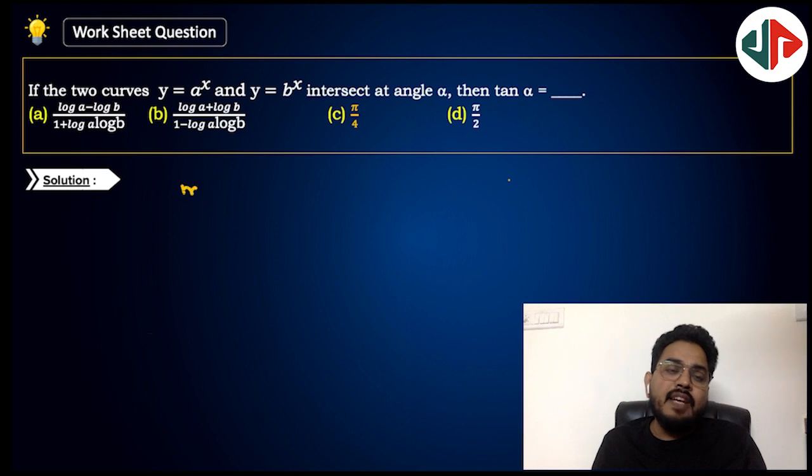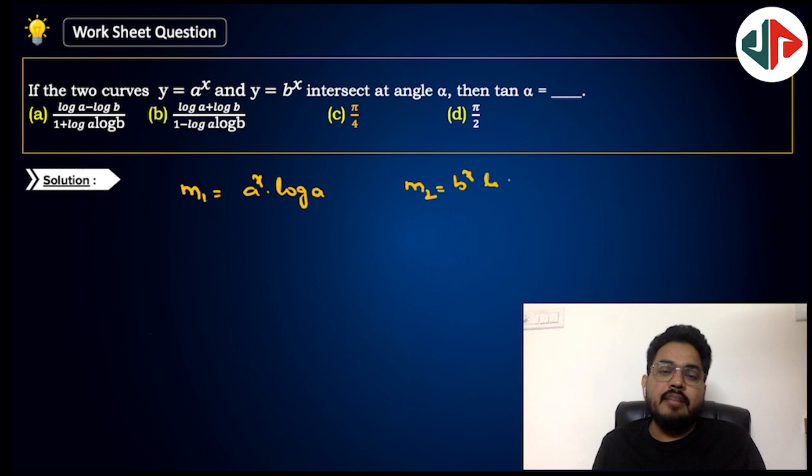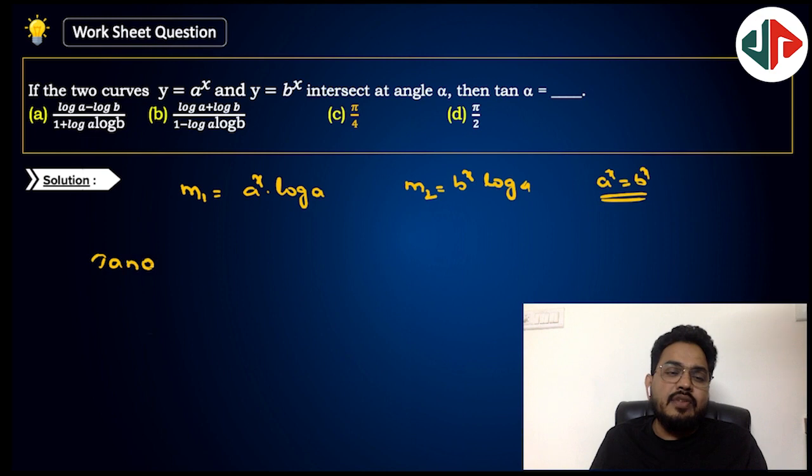So m1 is equal to a power x into log a. m2 is equal to b power x log b. Now if they are intersecting, obviously a power x is equal to b power x.